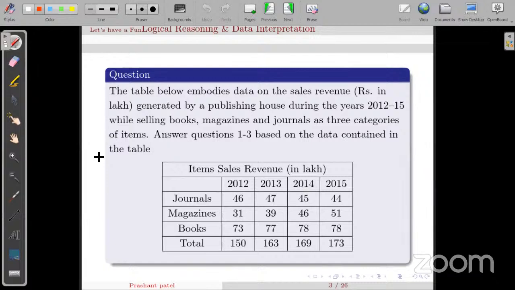Any students? First of all, is everyone here comfortable with how to calculate the percentage of a certain value?